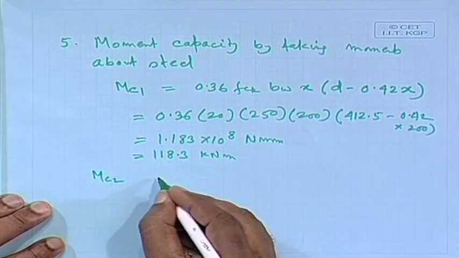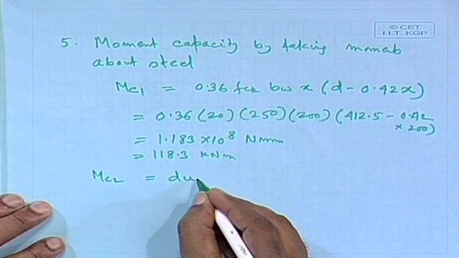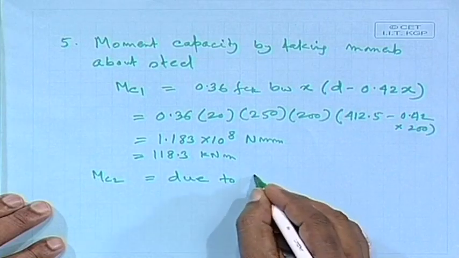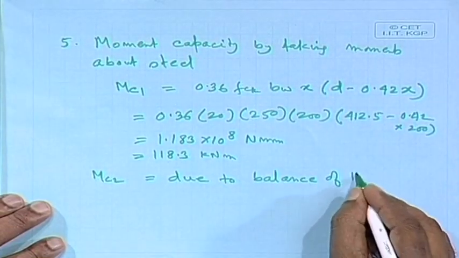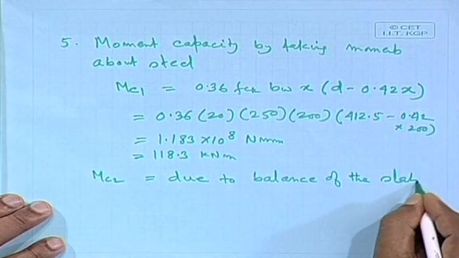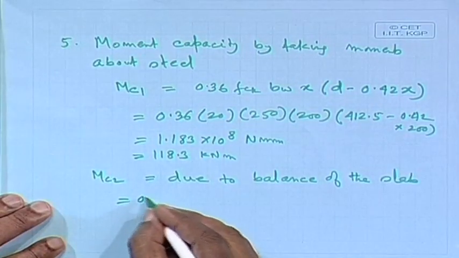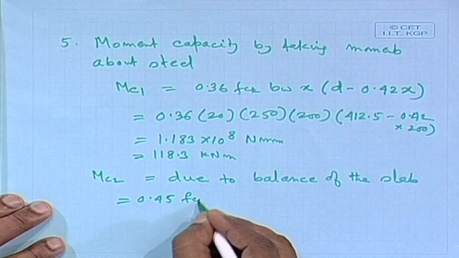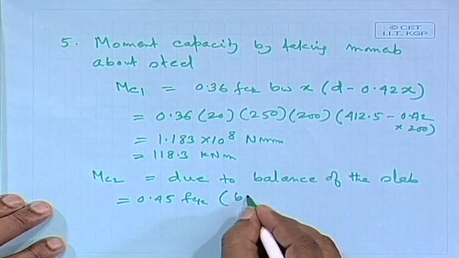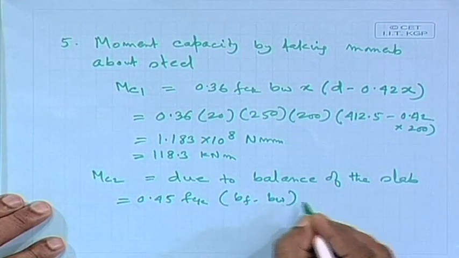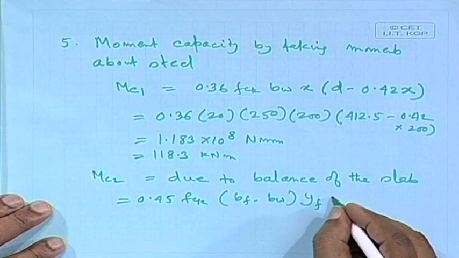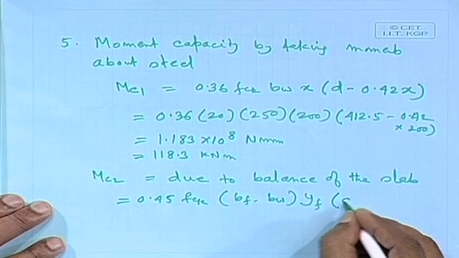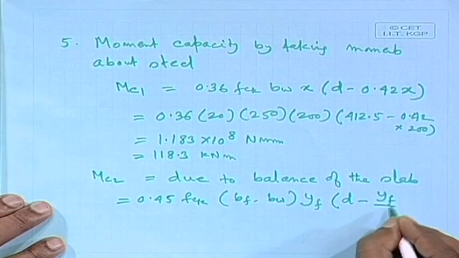MC2 is due to the balance of the slab, the remaining part of the slab, equals 0.45 fck times bf minus bw times yf, not df, yf because it is not uniformly stressed, times d minus yf by 2.